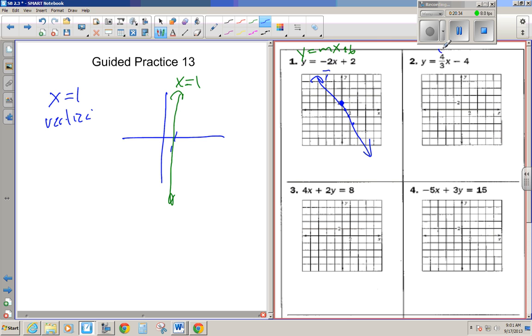This is again y equals mx plus b. B is negative 4 now. M is 4/3. So the rise is 4 over 3, and you get a nice positive slope.